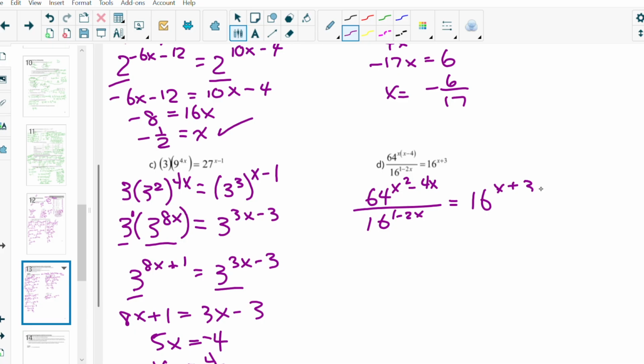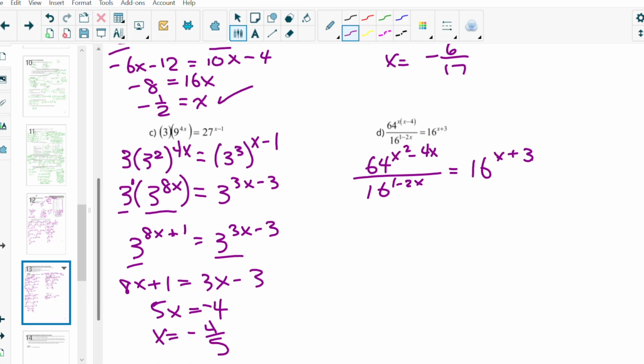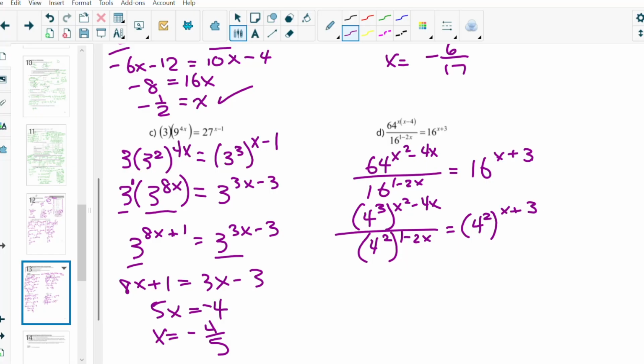This is going to make our math steps a lot easier. So that's 4 to the third, x squared minus 4x, 4 squared, 1 minus 2x, and that's 4 squared to the x plus 3.